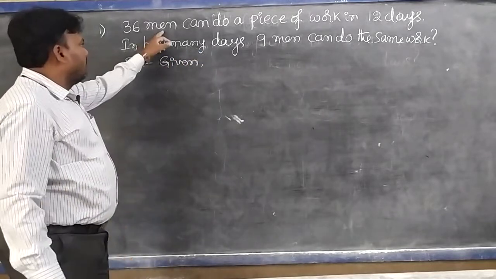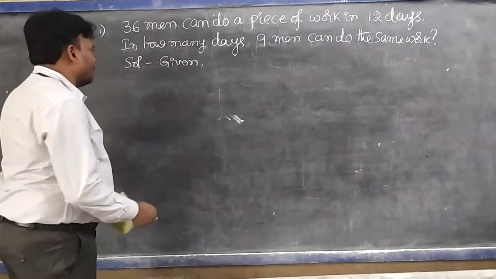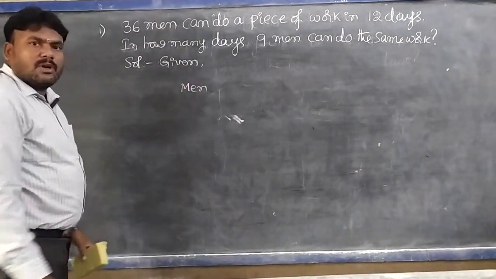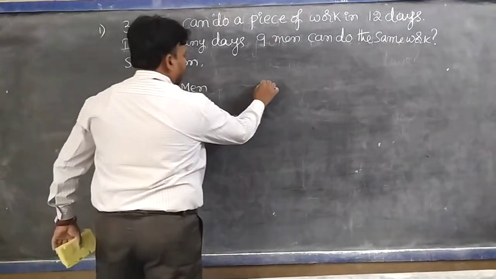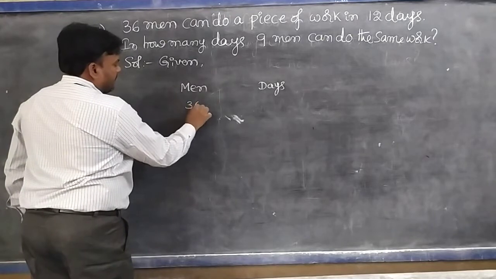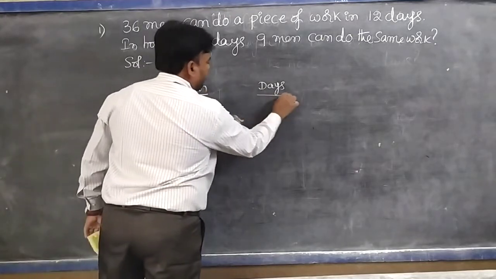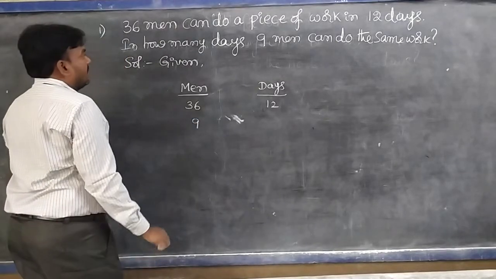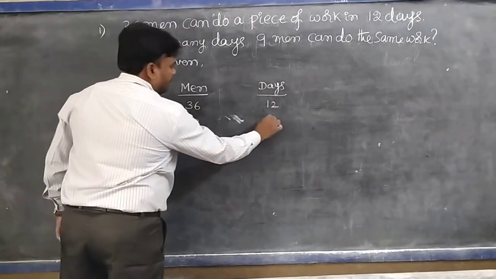So here men along with days, students, two quantities. Man singular, men plural, you know very well. Men and days. 36 men can do a piece of work in 12 days, and also 9 men can do the same work. How many days? So question mark taken.